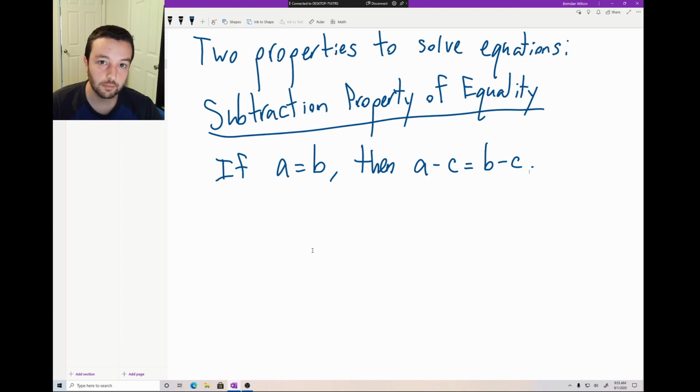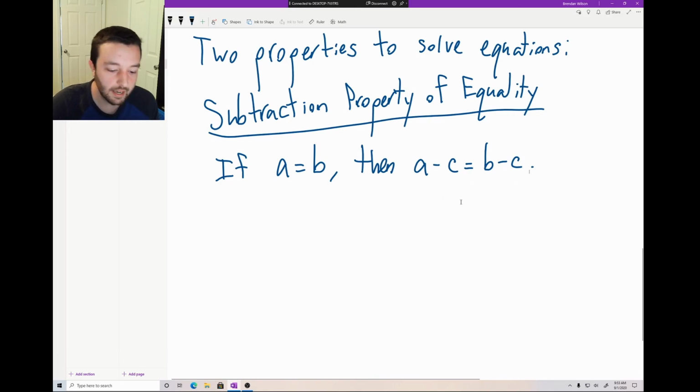It doesn't matter. All it matters is that we have this equation with two things on either side of it, right? Then we can take some third thing, C, it could be a number or an expression, and we can subtract it on both sides.